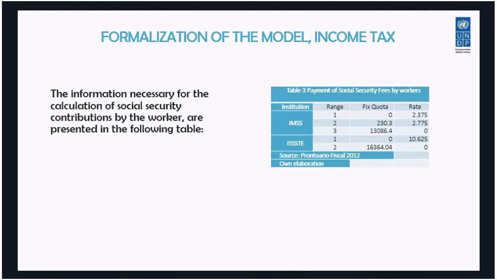Again, this table is for Mexico. In Mexico, this is not a quite complex system, but it's fairly complex. Brazil is a super complex system because in Brazil, the social security system involves the federal government plus the state government plus the municipal government at different rates, etc. So to model the Brazilian system is quite complex.